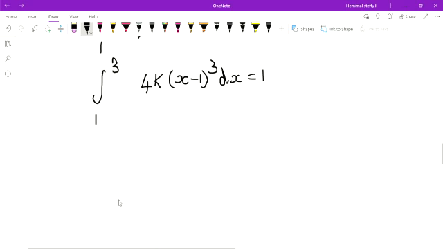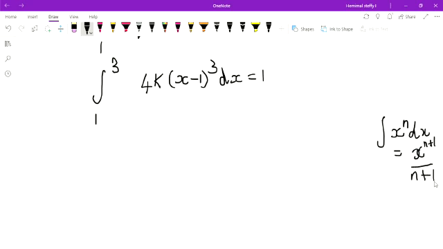You know how to find the integral. Don't get confused between the differential and the integral. The integral is different from the differential. This is the integral form. You know the integral of x power n is x power n plus 1 by n plus 1. Here n is equal to 3. So first I am taking the constant 4k outside.